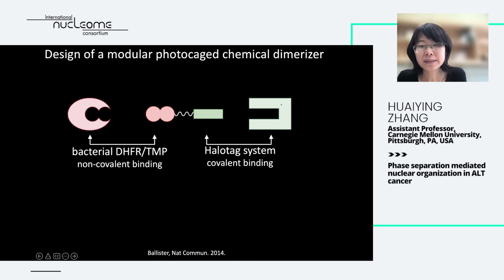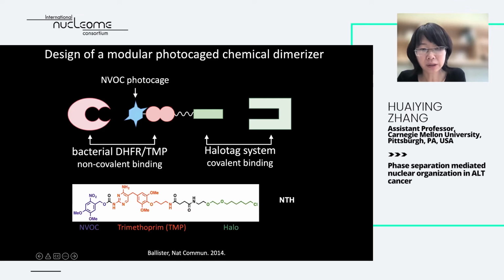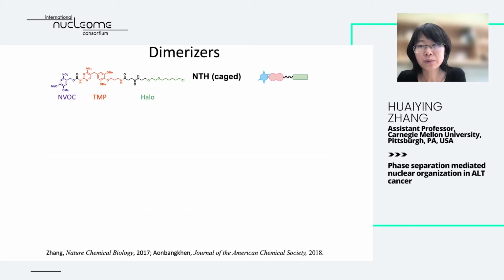To make this photosensitive, we put a photocage on it, and shown here is the first version we used, MeNVOC, with its chemical structure. This was a collaboration with my postdoc lab, the Michael Lampson lab, and the David Chenoweth lab. Over the years, we've developed many versions of this because, with the modular design, we can swap things around. I showed you the version where we have MeNVOC as a cage.